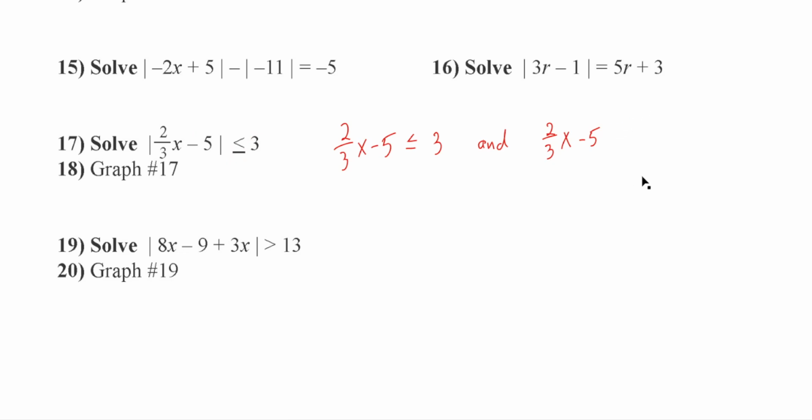I almost forgot myself. You got to change the direction of the inequality because we're basically multiplying it by a negative. All right, so you got to change the direction of the inequality. So that's one little step that might be easy to forget that is good to know. You could mess the whole thing up exactly because of that.